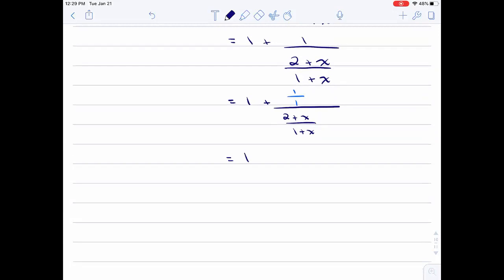So here we get 1, which is kind of on the outskirts now, but 1 plus, and then we're going to have 1 over 1, and then times, we're going to flip the fraction in the denominator and say times (1 plus x) over (2 plus x), which is all one thing. Has to be treated as one thing.